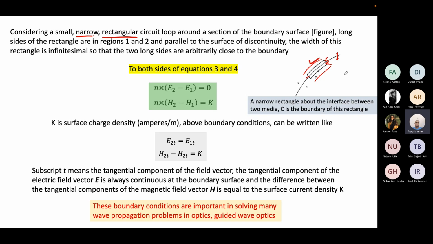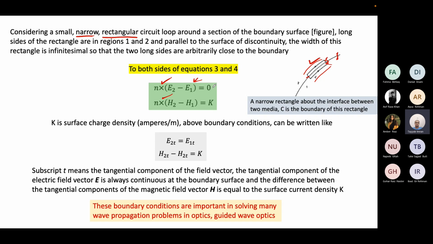So for both sides of the equation, if we use the Maxwell's equations, and we already found out कि this is your electric field, ठीक है, and this is your magnetic field, ठीक है. This electric field difference is equal to 0. It means it's continuous, ठीक है.